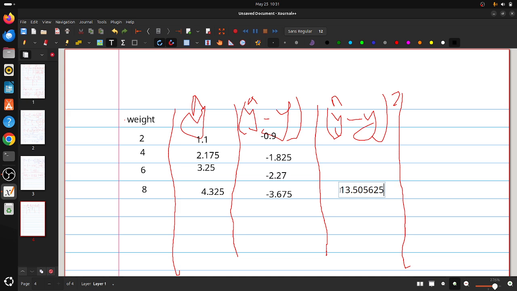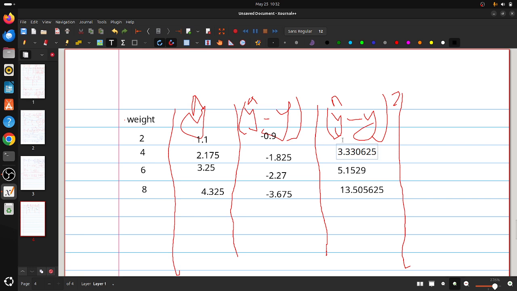2.27 squared, right? So this will be 5.1529, and this will be 1.825 squared, which will be 3.330625.